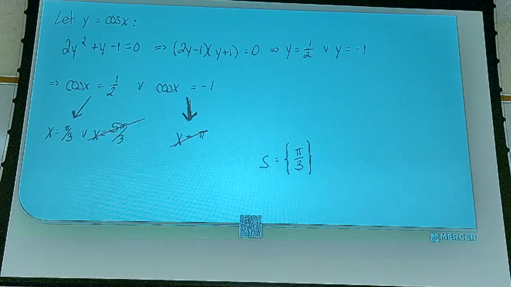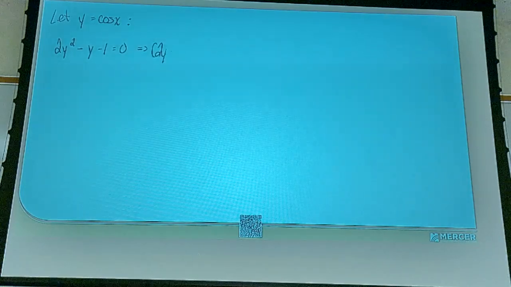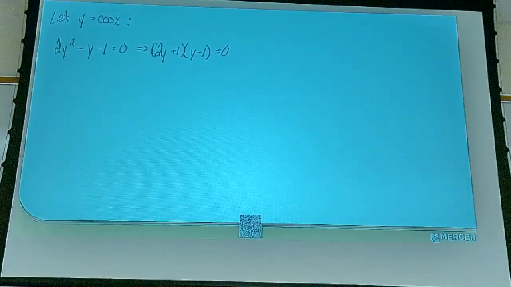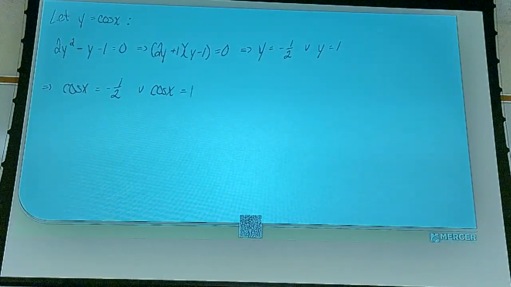There would be 2y plus 1 and then y minus 1. Cosine of x is negative a half, or cosine of x is 1.